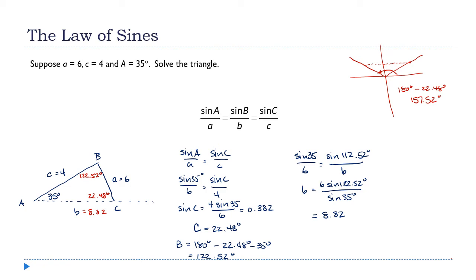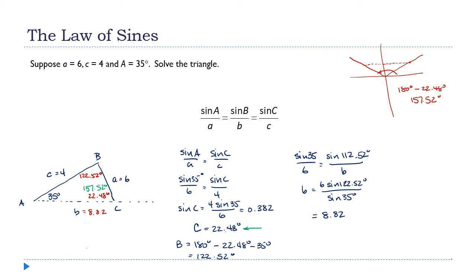So let me, I should have made my triangle bigger. My potential angle for B, excuse me, that was angle B. Oops, sorry, that was C that came out to 22.48. So a second possibility for C is 157.52.